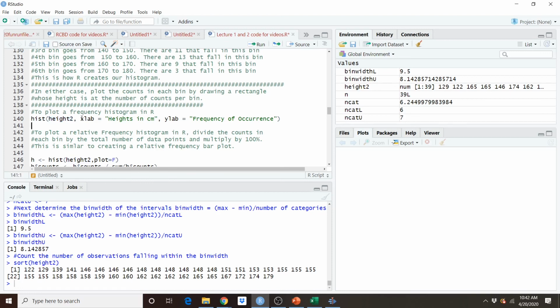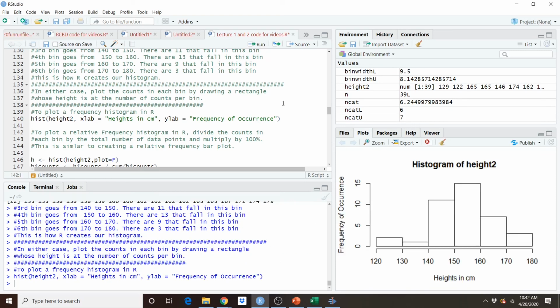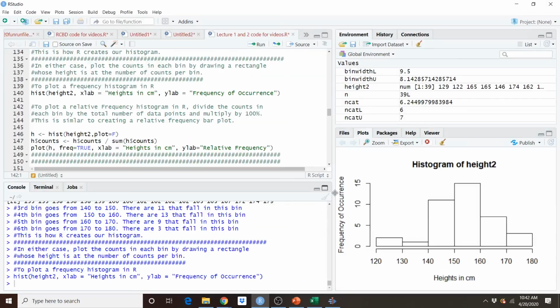I've labeled my x-axis heights in centimeter. I've labeled my y-axis frequency of occurrence. And let's see what it looks like. And here is my histogram. Notice I've drawn a rectangle at the height of each number of counts in the bin. And also notice that my bins touch.